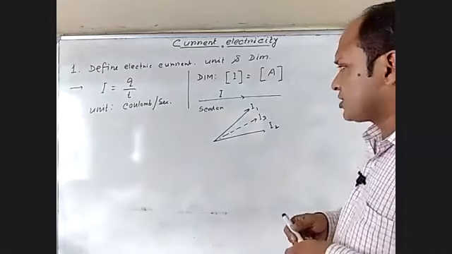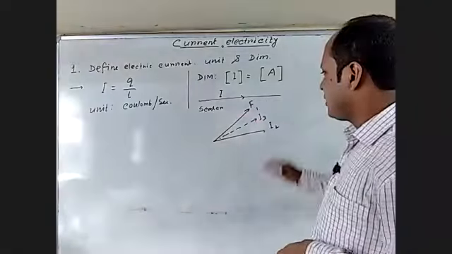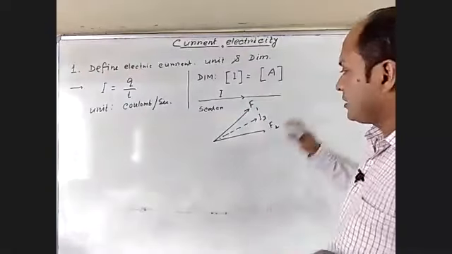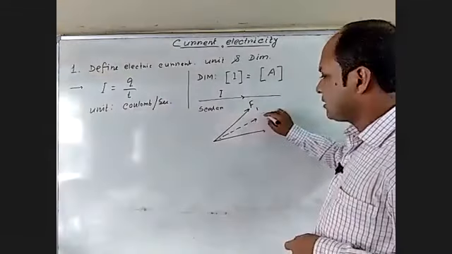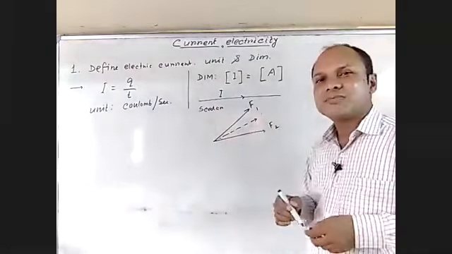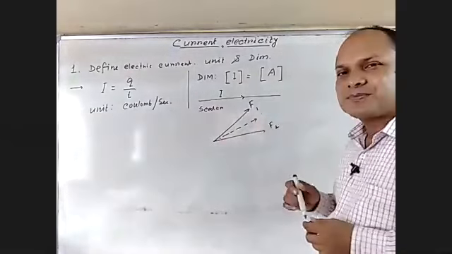But in case of forces, if this is one force and this is another force, and somebody is standing here, then the resultant force will act on him. That person will be affected by these two forces.